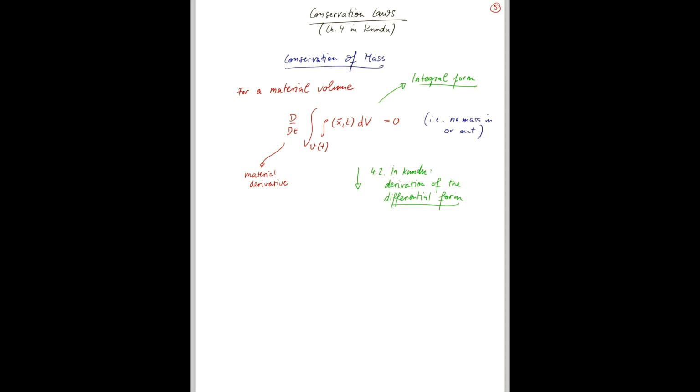So the differential form of the conservation of mass concept is given as follows. You would write it as d rho dt plus the divergence of rho u, and that has to be 0.